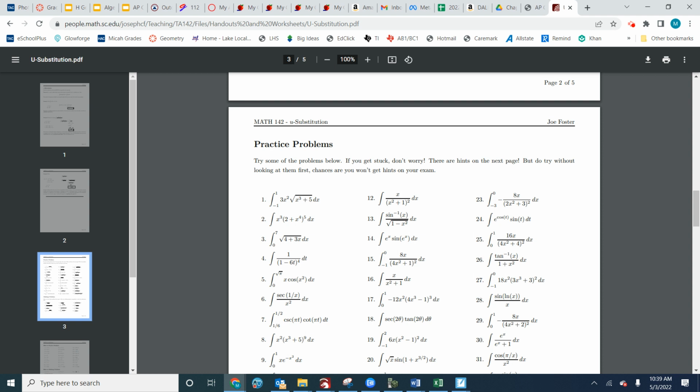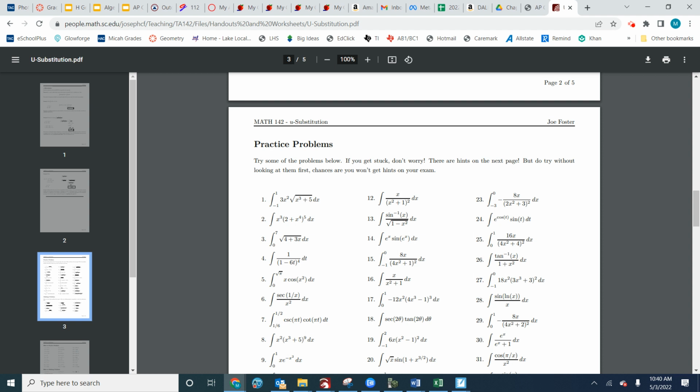28 is a pretty good one. Can you see it? Sine of ln x over x. What would you let u equal? Ln x, so it should be sine of u. And then du would be 1 over x dx. Okay, no adjustment necessary, right?